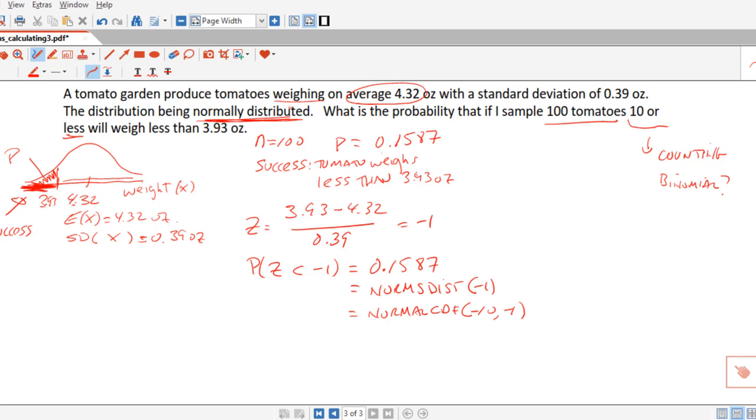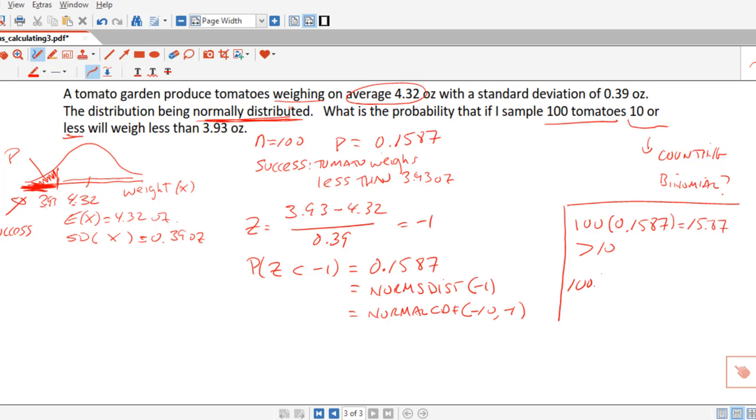And what is it that I want? I want 10 tomatoes or less. So let's just see if I could do a normal approximation. I got 100 tomatoes times my probability of success, which is 0.1587, and this is 15.87, which is greater than 10. And of course, say that's about 16.